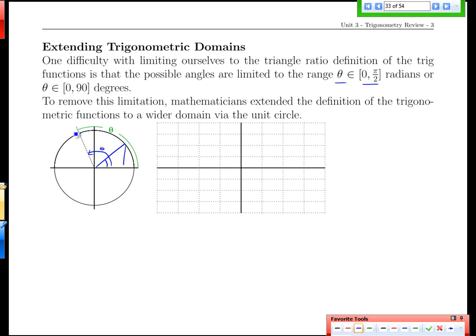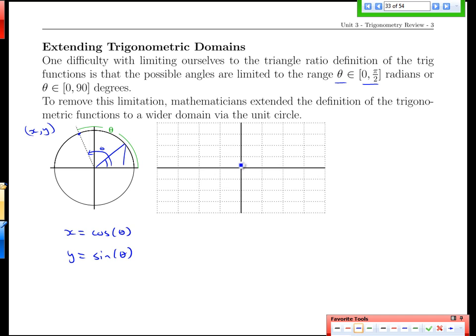And if we imagine that, the x-coordinate and the y-coordinate we get to will be defined by the x-coordinate by cos of the angle and the y-coordinate by the sine of the angle.